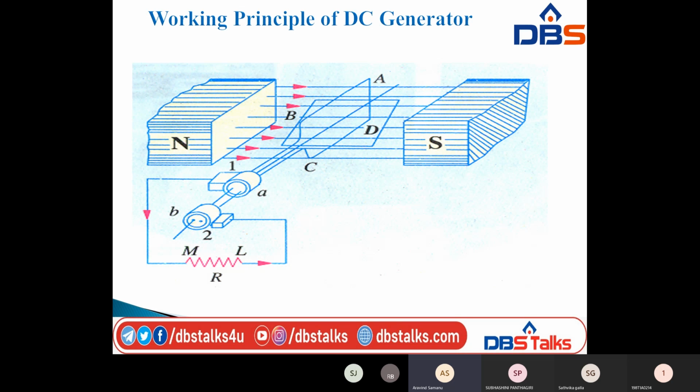This is the current flow direction. So a current flows in this direction, which is again alternating.